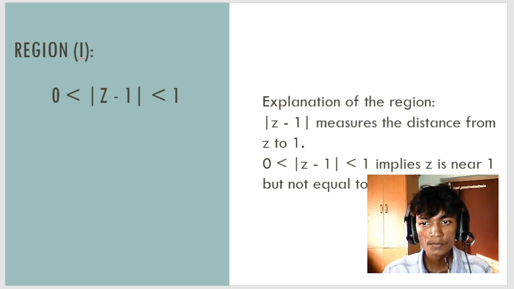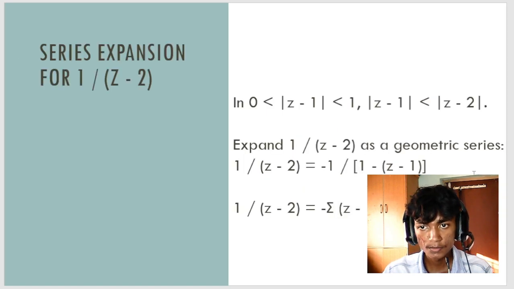Region 1: 0 < |z - 1| < 1. Explanation of the region: |z - 1| measures the distance from z to 1, and 0 < |z - 1| < 1 implies z is near 1 but is not equal to it.